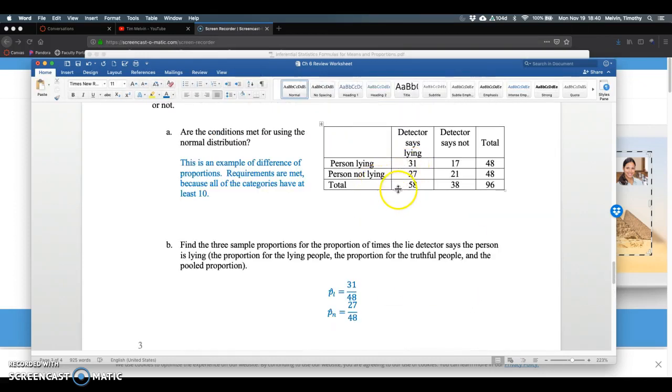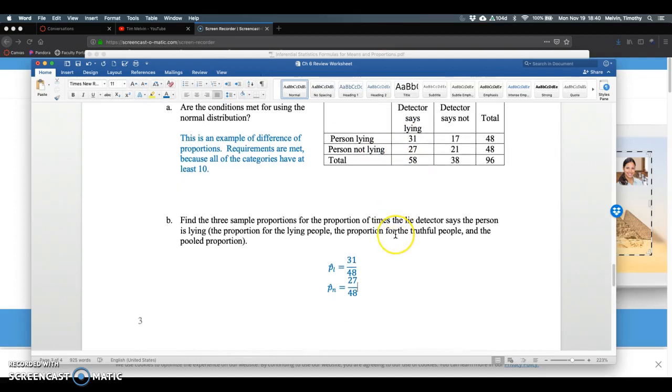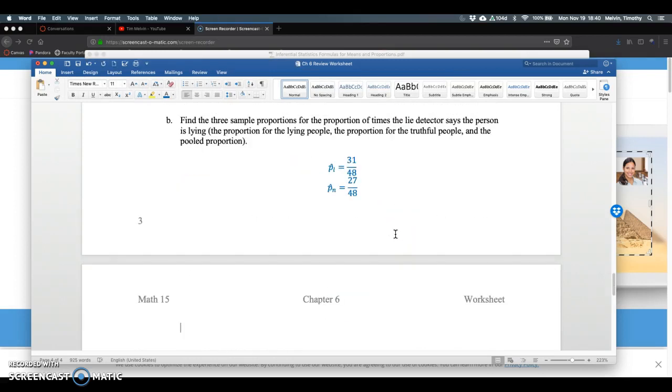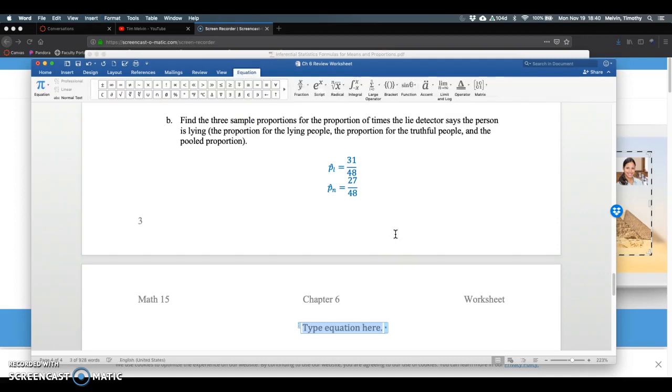And for the pooled proportion, that would be 31 plus 27 over 48 plus 48. In that case, that would be 58 over 96.